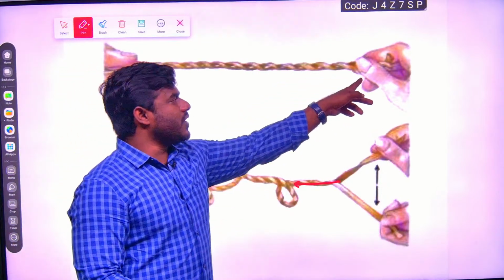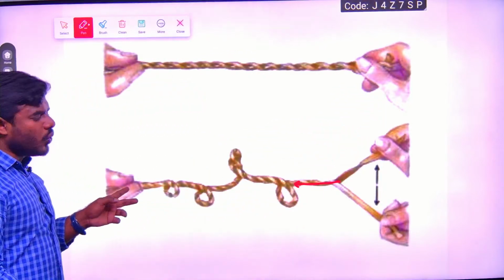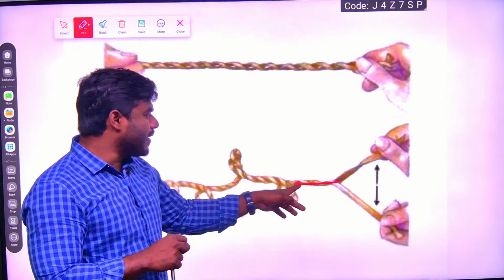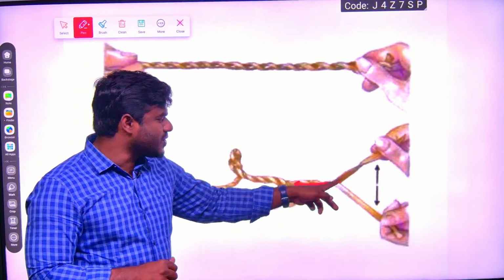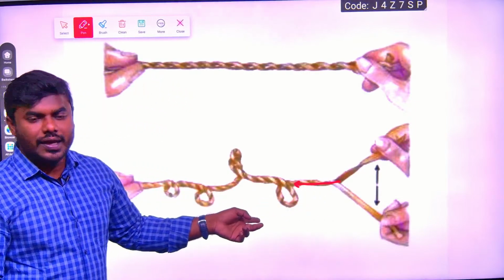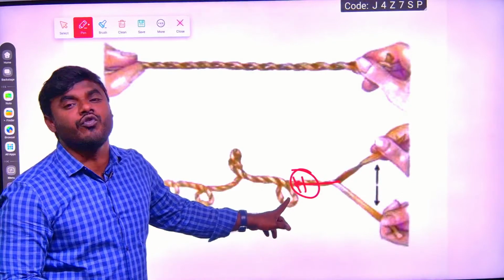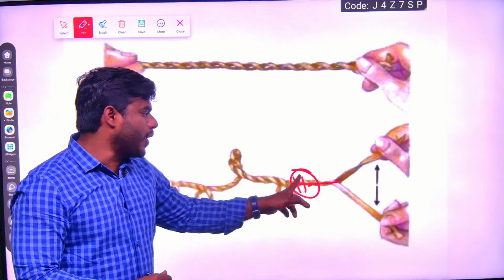Similarly, instead of the fingers, you just replace with the helicase. Whenever the helicase is moving at a higher speed, it creates greater tension or stress on the DNA. As a result, DNA undergoes coiling. When the helicase enzyme reaches this particular point, it cannot move further. At that time, topoisomerase will come.